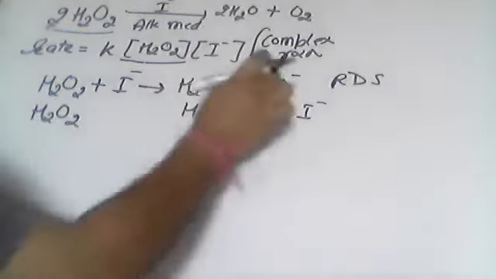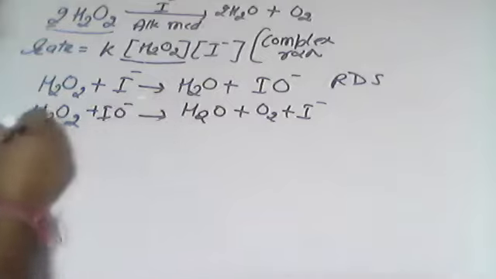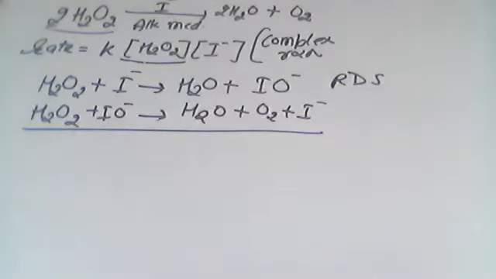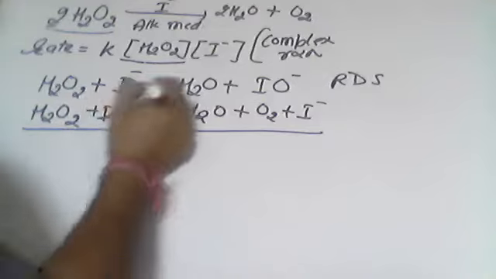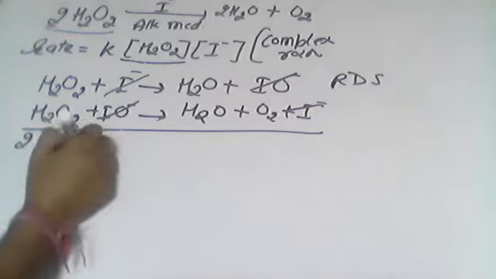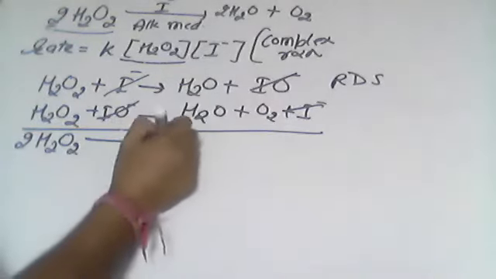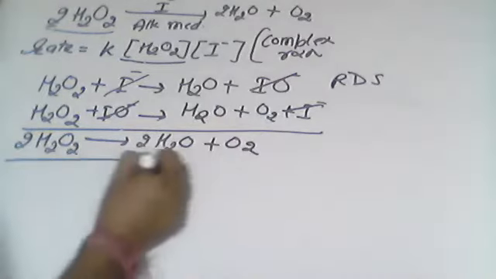IO negative cancels out, I and I cancel out. What I get is 2 molecules of hydrogen peroxide giving 2 molecules of H2O plus O2.